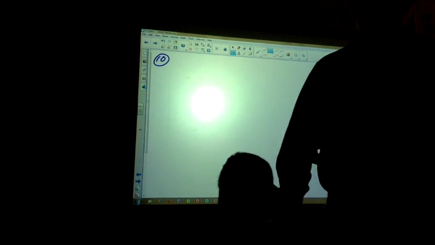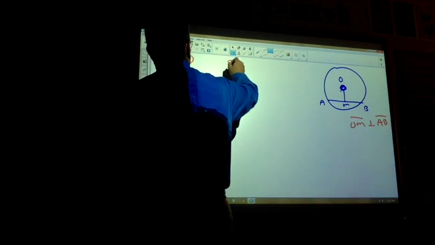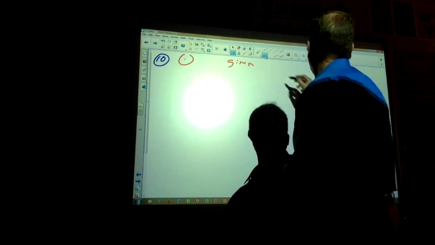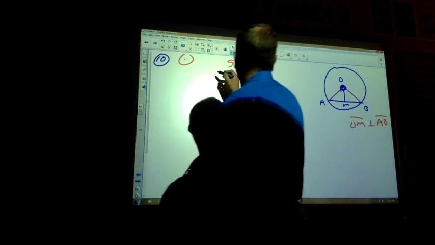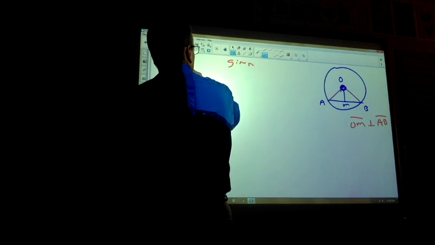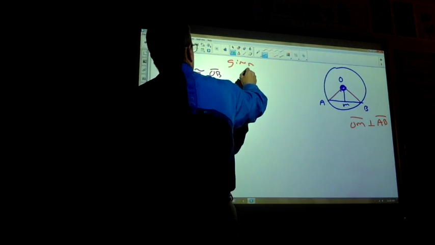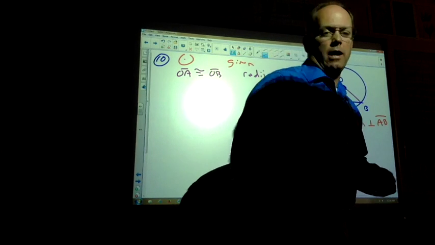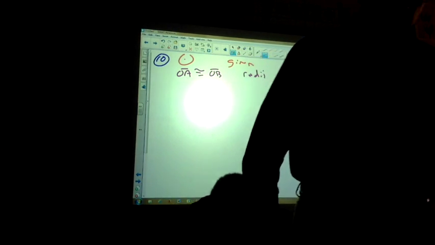That's what we're trying to prove, right? So we have circle O given. Something we can do about circle O being given is state that OA is congruent to OB, radii, right? That's all I can really state from there so far.